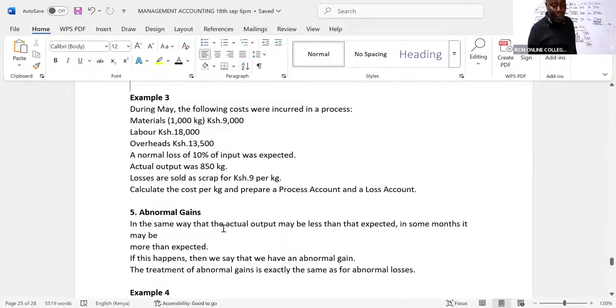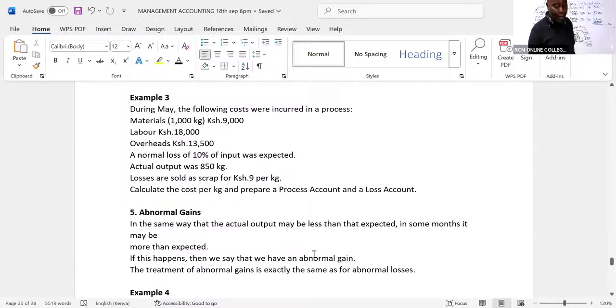In the same way that the actual output may be less than expected, in some months it may be more than expected. If this happens, we say that we have an abnormal gain. The treatment of abnormal gain is exactly the same as for abnormal losses.